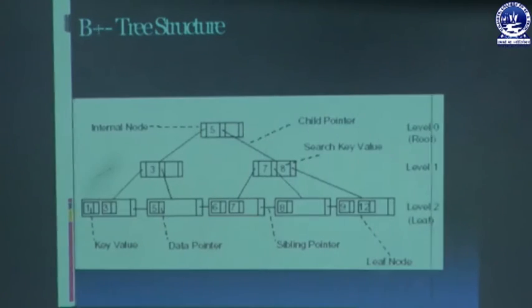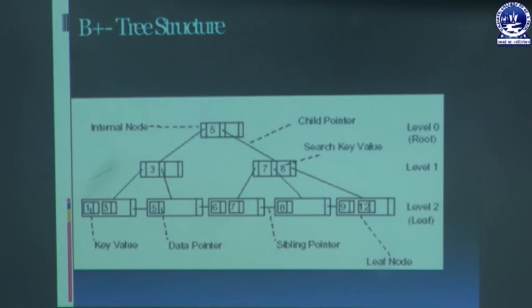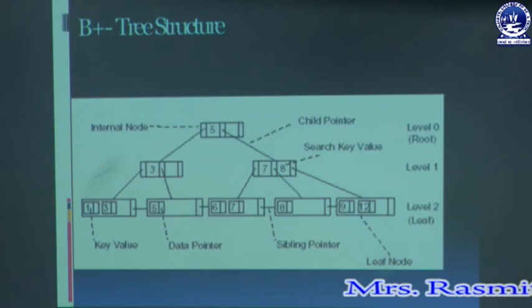Next we will see the structure of the B plus tree. This is the internal node, and you can see this is the key value, and there must be a data pointer at the leaf node. This is the structure of the internal node, which is the same as the B tree internal node structure, because each key has a left pointer and right pointer, pointing towards the left subtree and right subtree.